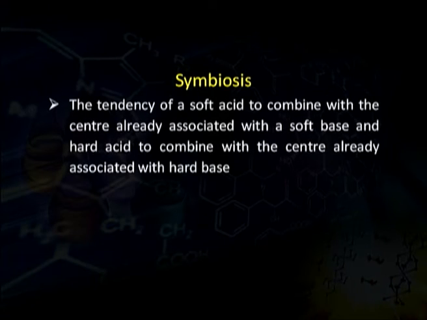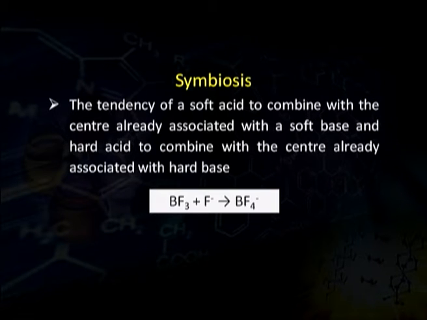So, to start the lecture, let us first discuss what symbiosis is. Symbiosis is basically the tendency of a soft acid to combine with a center which is already associated with a soft base, and the tendency of a hard acid to combine with a center which is already associated with a hard base. For example, we have boron trifluoride.